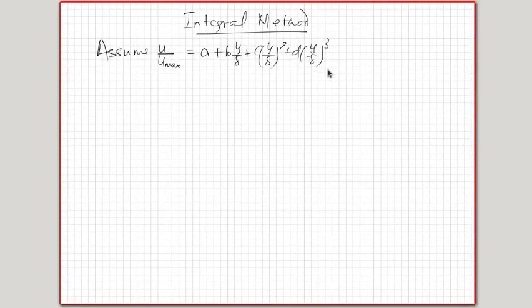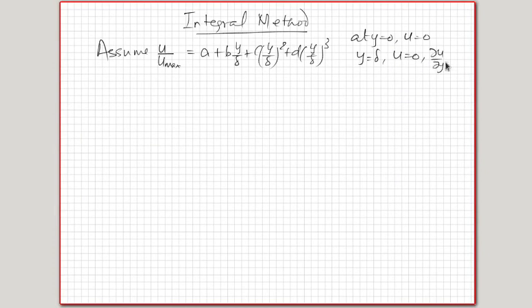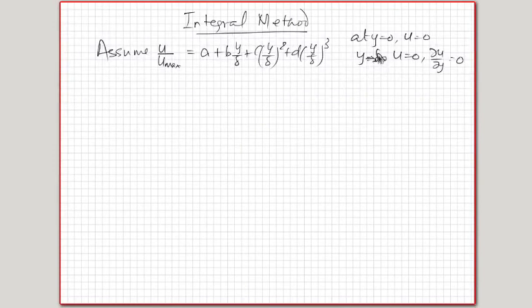Okay, and in this we know that at y is equal to 0, u is equal to 0. And at y is equal to delta, we know that u is equal to 0 and del u by del y also reaches 0, or rather y tends to infinity if you like, as we go far away from the plate.